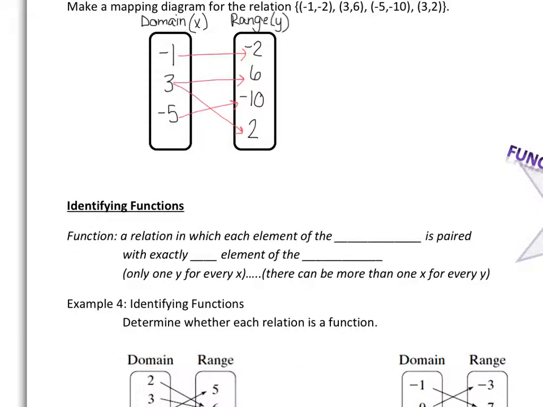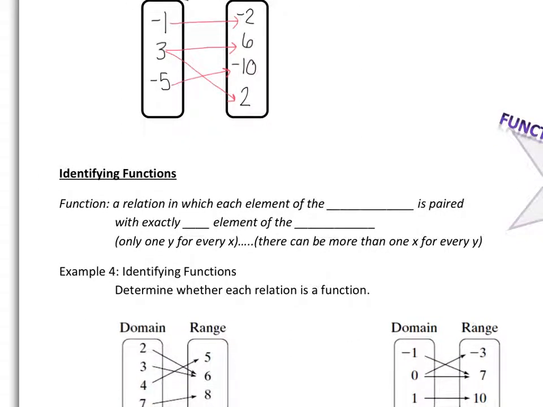Now we're going to use this in identifying functions. Is the word function familiar? In algebra and math, a function is a relation in which each element of the domain is paired with exactly one element of the range.